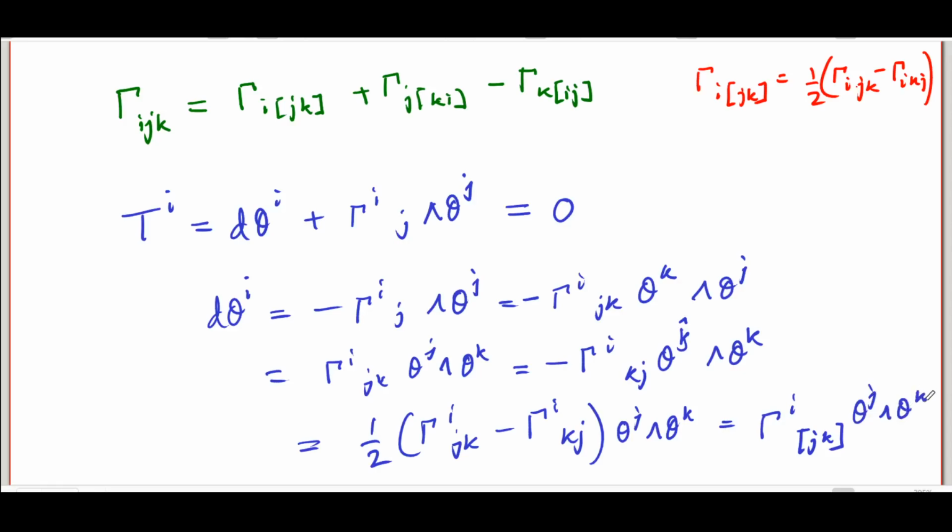So these quantities can be obtained from these by simply lowering the index, and they can be easily read off from dθ^i. So, our plan would be to use dθ^i to figure out what these coefficients are, lower the index, then form this to form the γ^i_j.